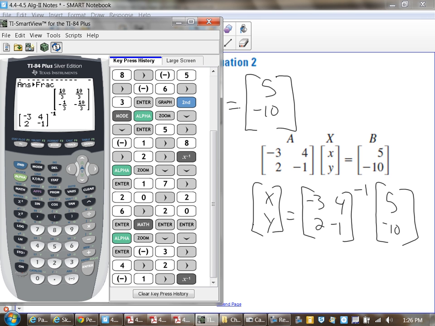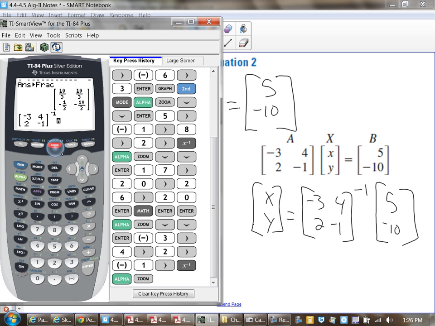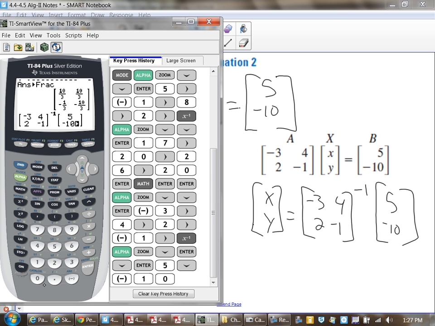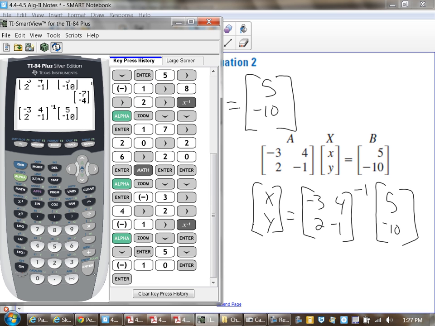Is it a 2 by 1 or a 1 by 2? 2 by 1. And even if you put it in incorrectly, it's going to show you a row matrix instead of a column matrix. So it's got to be a 2 by 1. Put in your values, 5, negative 10. Hit enter. There's x, there's y.